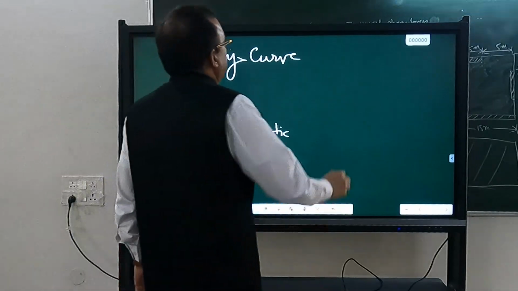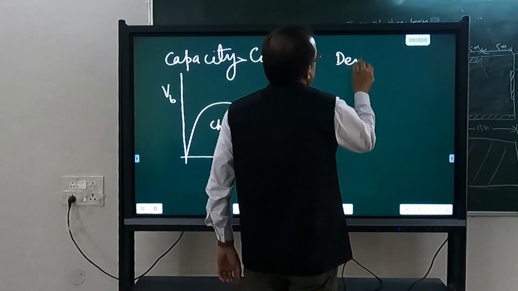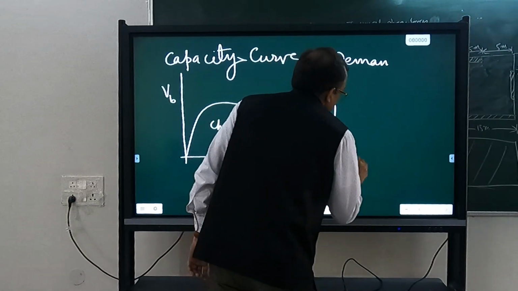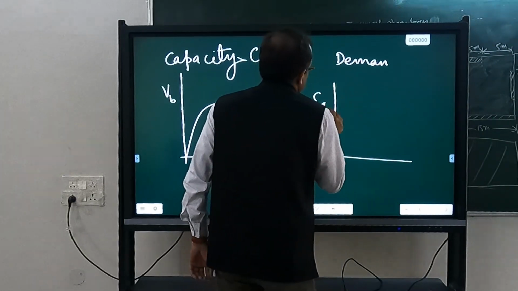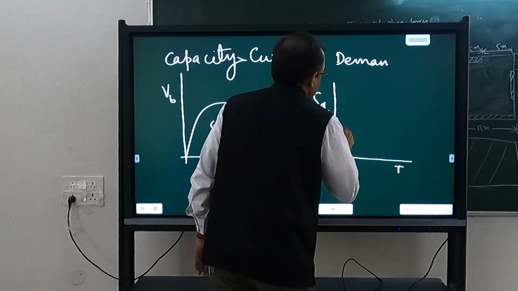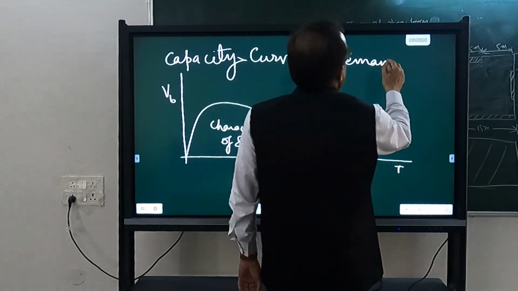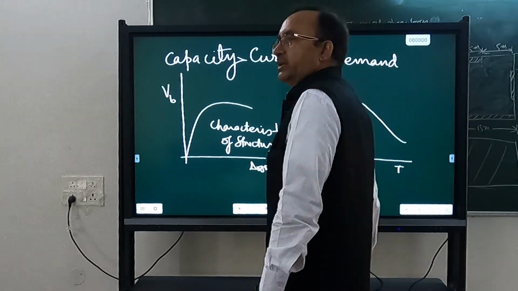And we have the demand, which is given in terms of response spectrum for a particular probability of occurrence.